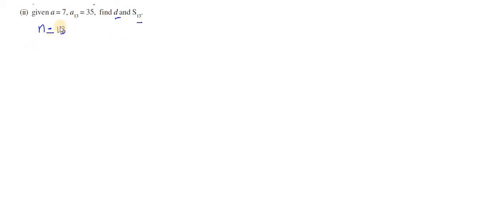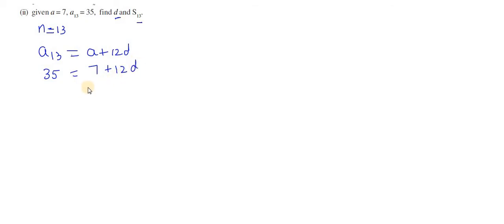Clear? So now next, here they give you a13. We know that a13 is equals to a plus 12d. So a13 is nothing but 35. 35 is equal to a value, which is 7, plus 12 into d.